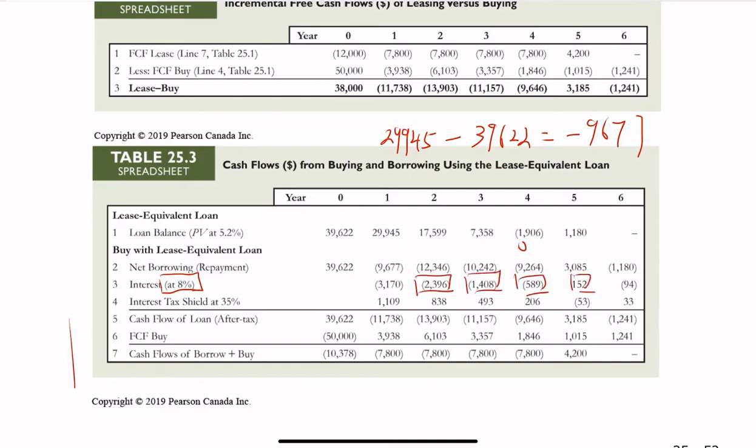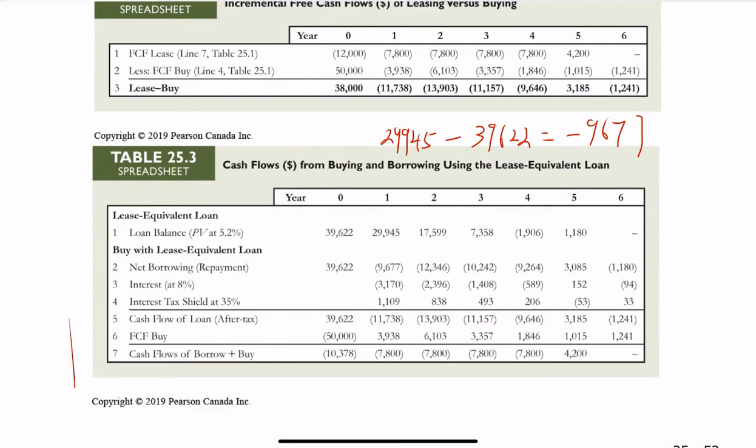And then interest tax shield. Well, we know this from corporate finance too. Interest tax shield is always calculated as interest payment times corporate tax rate. And you know that the corporate tax rate is 35%. So it's very easy for you to calculate interest tax shield.